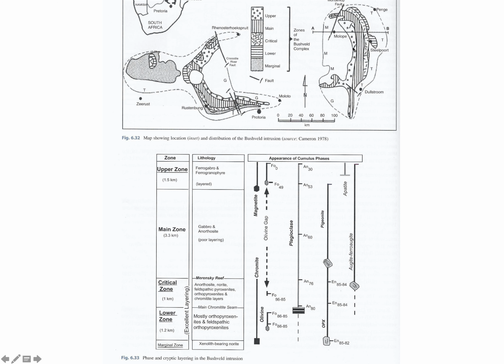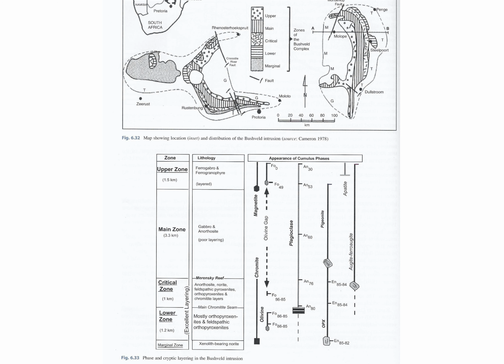Here we can separate it into an upper part, a main part, a critical part, a lower part, and the marginal part. And these are the zones of the Bushveld complex. In the upper zone, which is 1.5 kilometers thick, we have a ferrogabbro and a ferrogranophyre. Then we have the main zone, which is formed by a gabbro and an anorthosite.